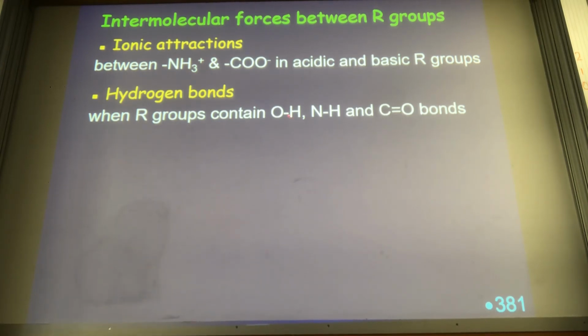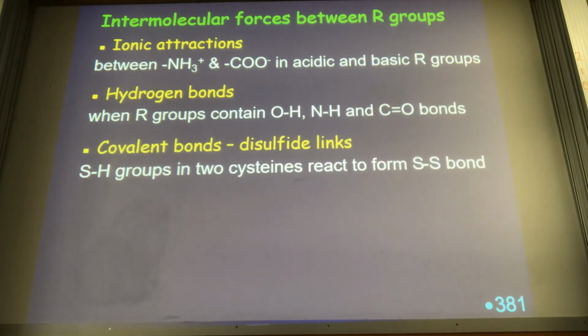Hydrogen bonds, where you've got the hydroxyl and amino protons able to find a lone pair on things like the C double bond O. Then, as I say, if you've got two cysteine amino acids, each of them have got an SH group, so they actually react together to form a proper full-on covalent bond.